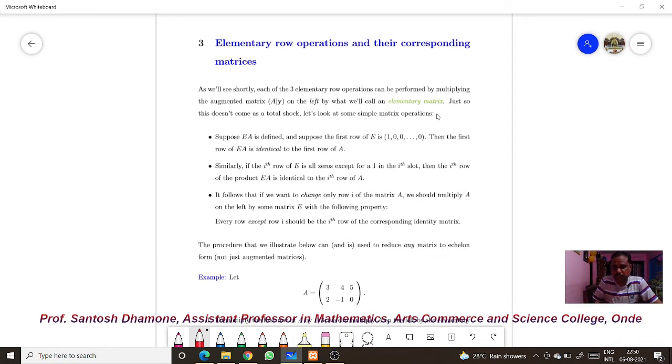We know that Ax = b is our system of linear equations and [A | b] is the augmented matrix.